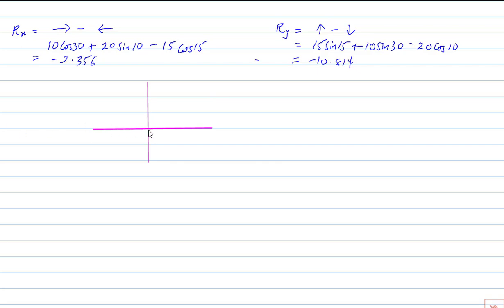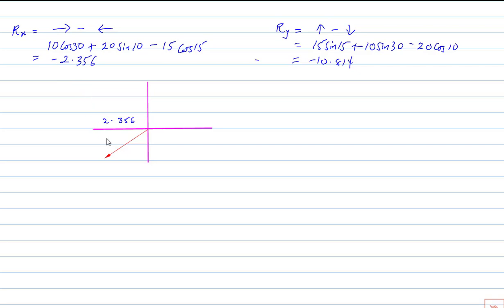First, let's indicate this using an arrow. So this is our resultant force that we calculated. Note that our x component of the resultant force was negative 2.356. Let me just drop the negative because the negative doesn't really mean the force is negative.